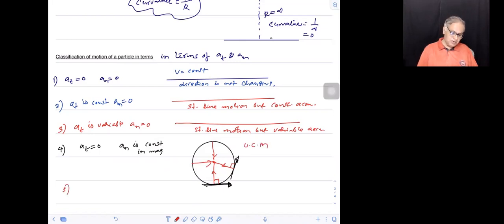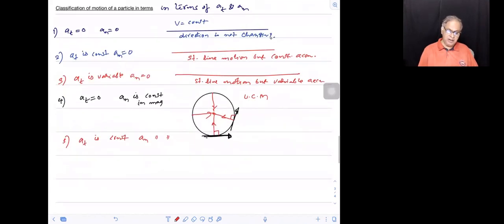And the fifth case is what? AT is constant. AN is also constant in magnitude. This motion is what we call a non-uniform circular motion, but a special type where AT is constant. AT is not variable. So I can't show it anyway.